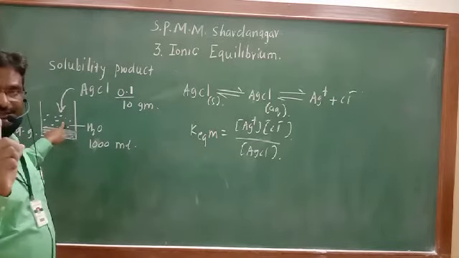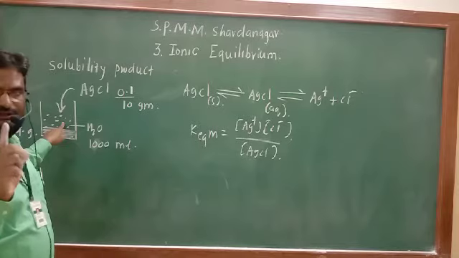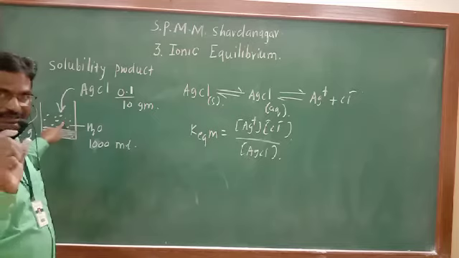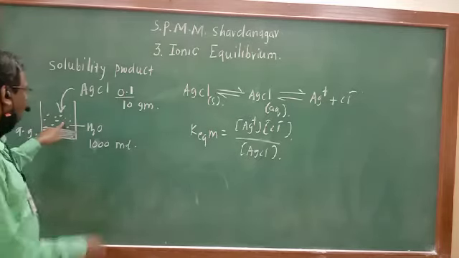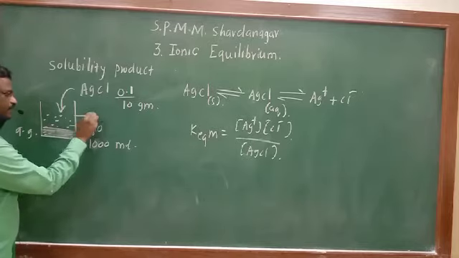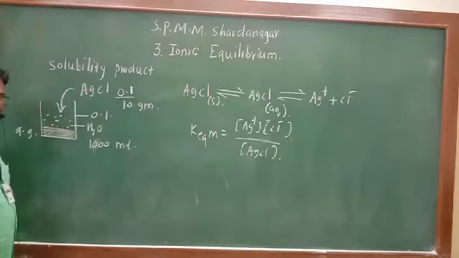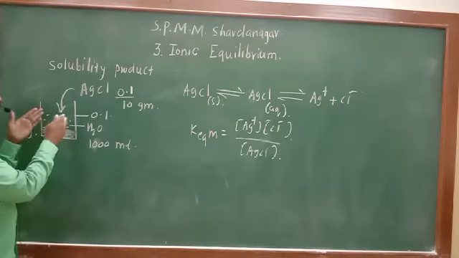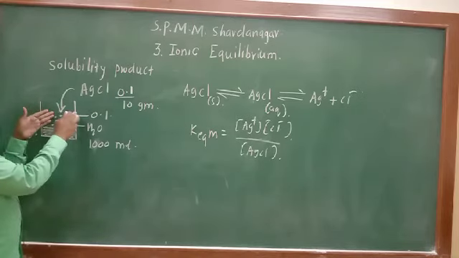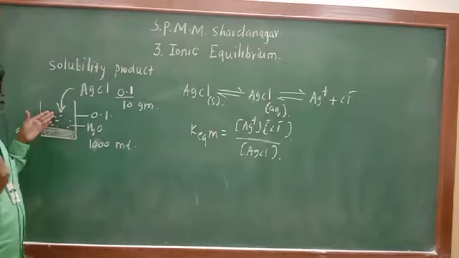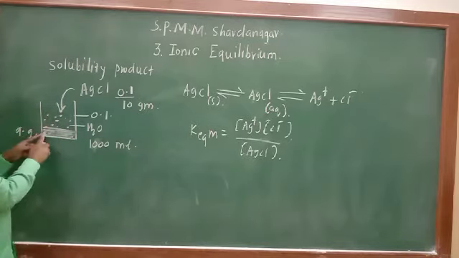Liquid AgCl concentration is always constant, 0.1. How is it constant? Understand properly. How much is the dissolved part? 0.1. Here 0.1 is dissolved, producing Ag plus and Cl minus. If that 0.1 is taken off, removed, here is 9.9.